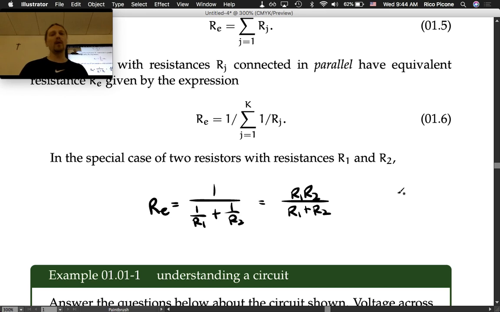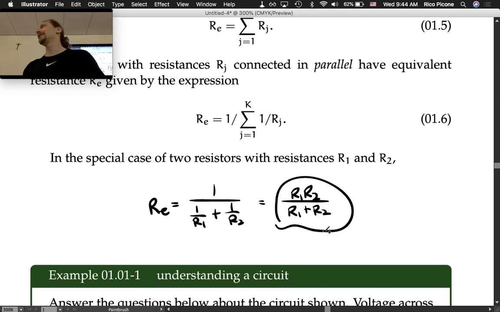When you combine more than that, don't skip this. So this is useful to remember, just off the top of your head. Combine two resistors. You do it all the time, so it's kind of nice to have that simplification in mind.